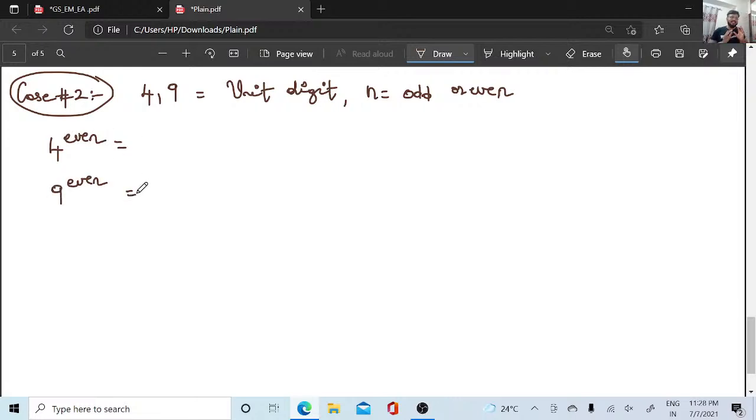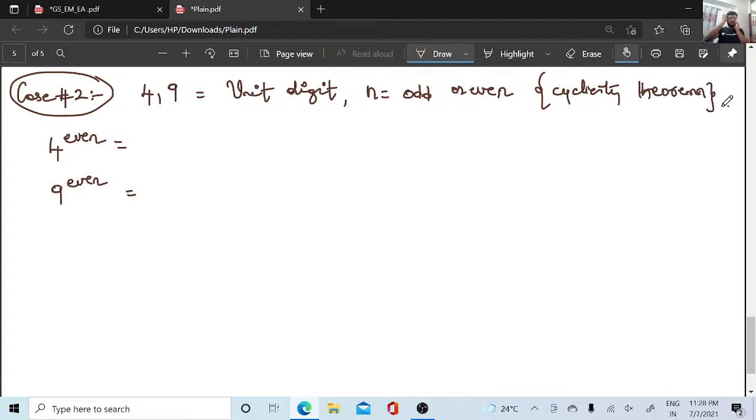If you clearly observe here, this is where the cyclicity will follow. This case is particularly dependent on the cyclicity theorem.